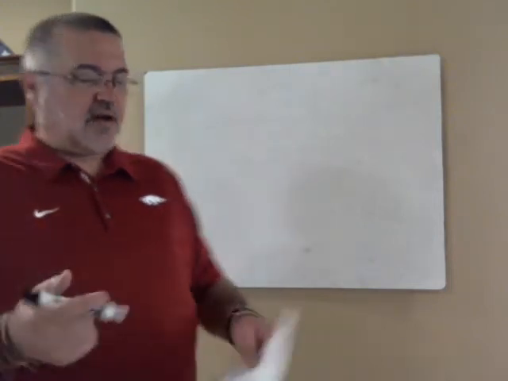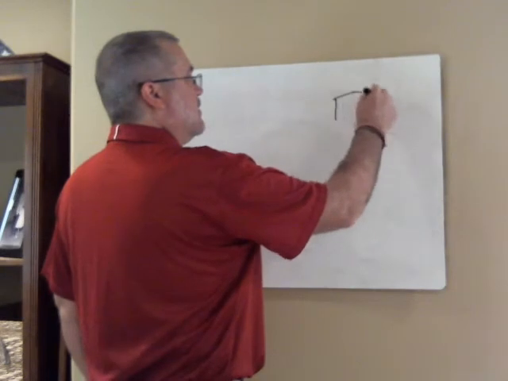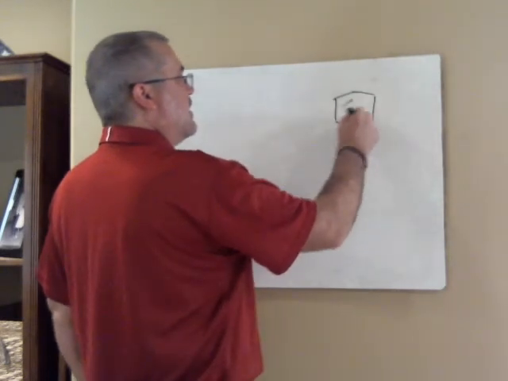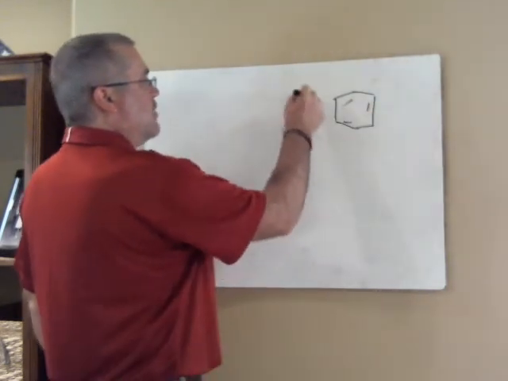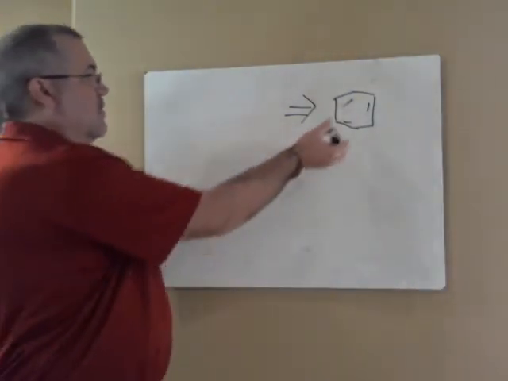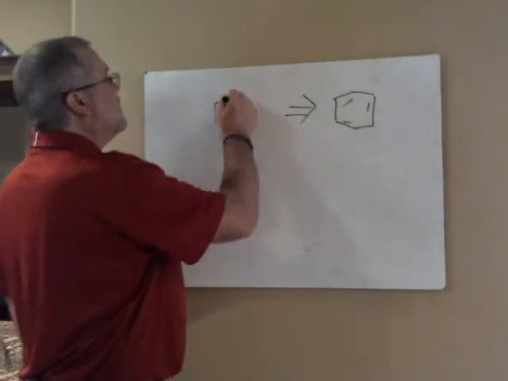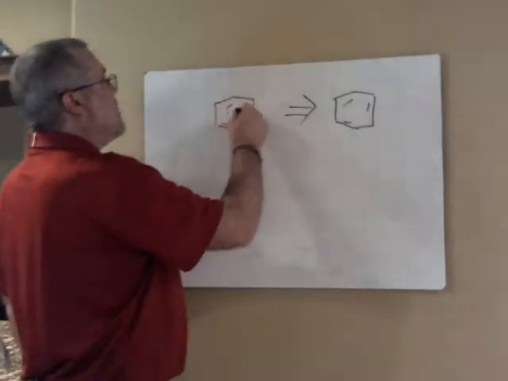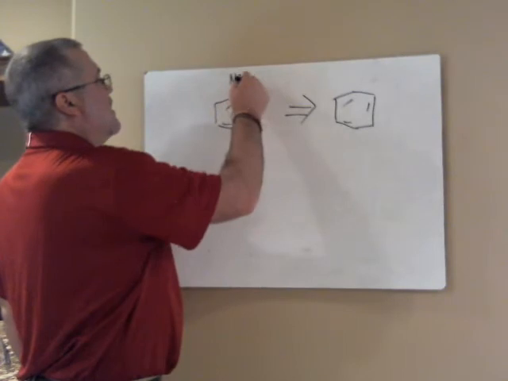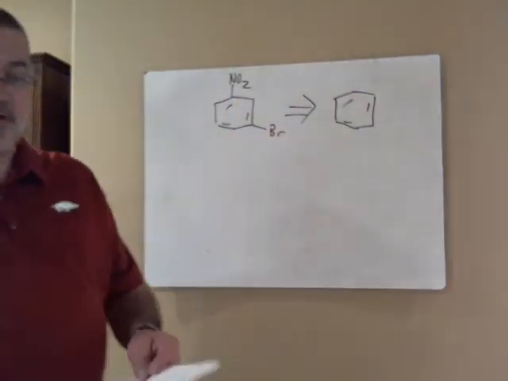Because if you're starting a synthesis, for example, from benzene, so remember in a retrosynthetic analysis, we're going to use our retrosynthetic arrow. So what I'm showing here is we're starting with benzene and we're trying to make this compound, where we have a nitro group and a bromine that are meta to each other.